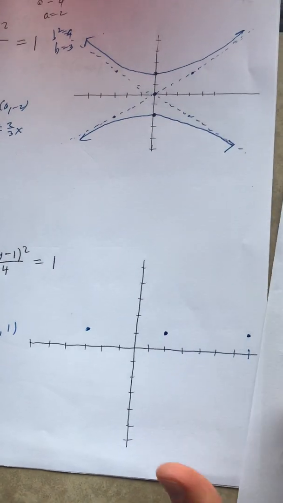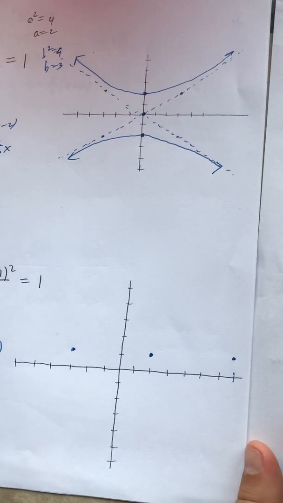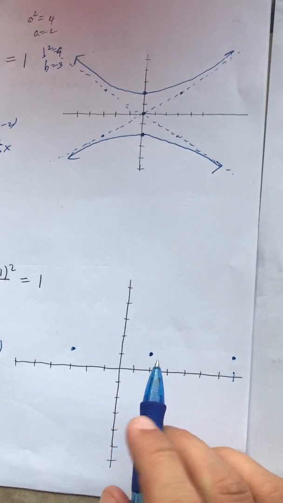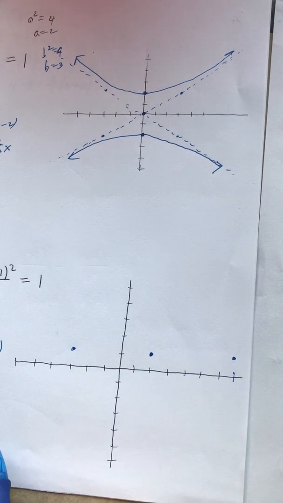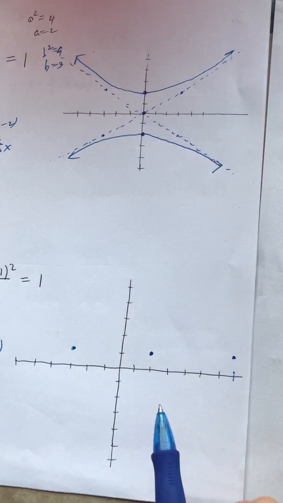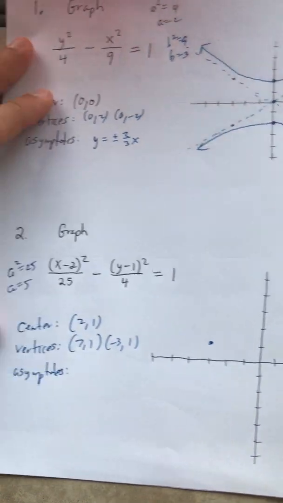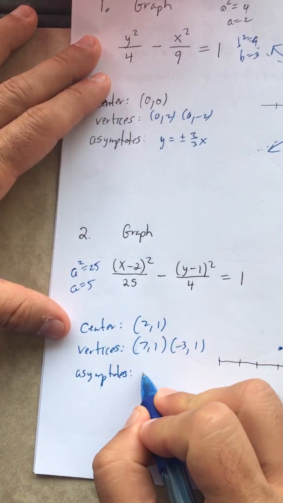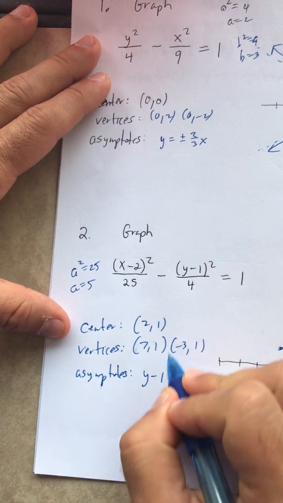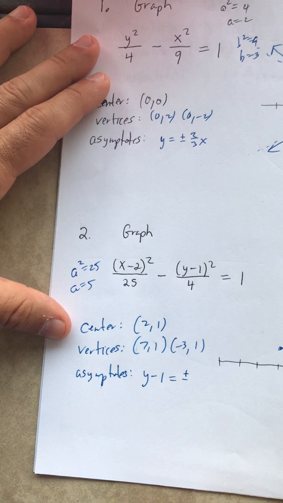Right? Let me draw in my asymptotes now. Because in order to make the branches, I need to first dash in the asymptotes, so I know how to make my branches. So the equation of the asymptotes, since the center's 2, 1, it's going to be y minus k equals plus or minus, because there's 2 asymptotes.